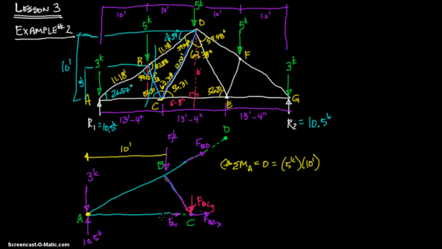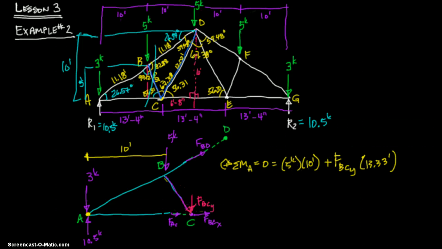Alright, so continuing on, we had what? 5 times 10, plus FBCY times what? 13.33 foot. And then FBD is congruent, FBCX is congruent, so we are good to go. And then we go ahead and solve for FBCY, and you're going to see that's going to be a negative value, but let's go ahead and do it.